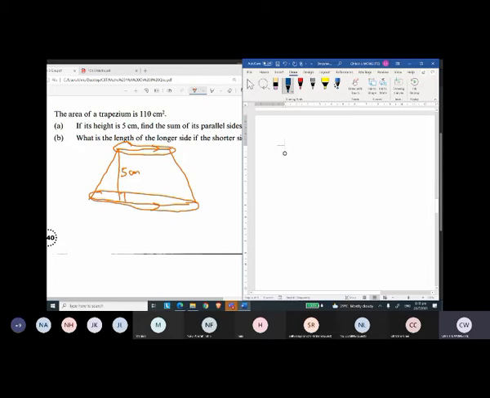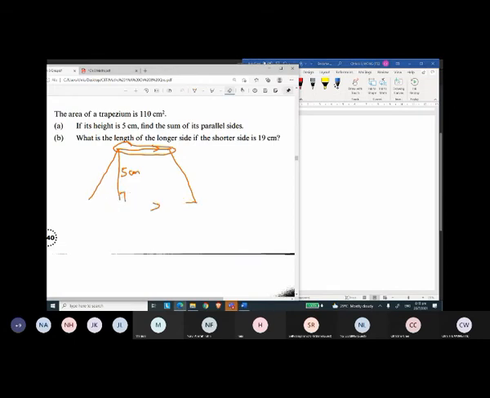You're supposed to find the sum of the parallel sides. They give you the height of the trapezium is 5. Did they give you the area of the trapezium or not? Yes, 110.